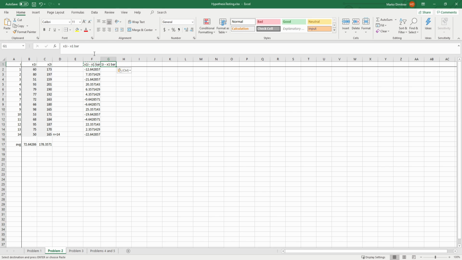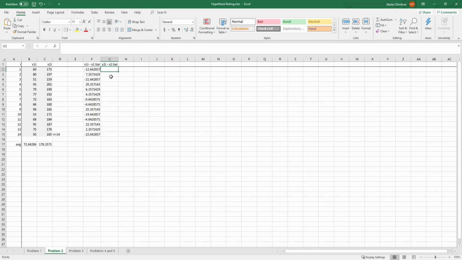And then we need the same, but for the second one. So we need this one minus. Don't forget to press F4 to fix the values. This is what we get.